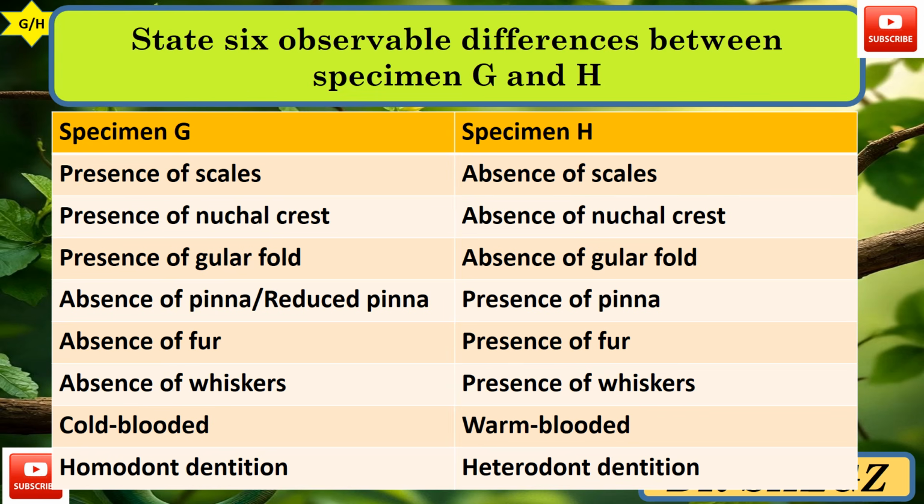Remember, the rats are homeothermic or endothermic or warm-blooded, while the lizards are cold-blooded or poikilothermic or ectothermic. Now, all the lizard teeth are the same. They are not specialized teeth for different functions. Why? For rats, they have heterodont dentition, canines, incisors, premolars, all of them for different functions.